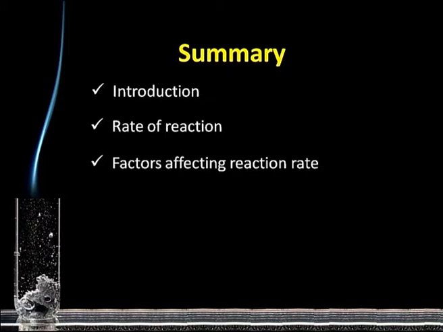There are several factors affecting reaction rates. We have discussed these factors. And finally, we arrived at rate law that relates the rate of reaction with the concentration. In the next episode, I'll discuss order of reaction, molecularity, and integrated rate laws.